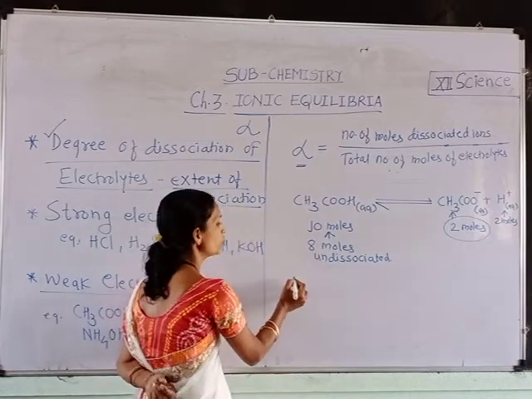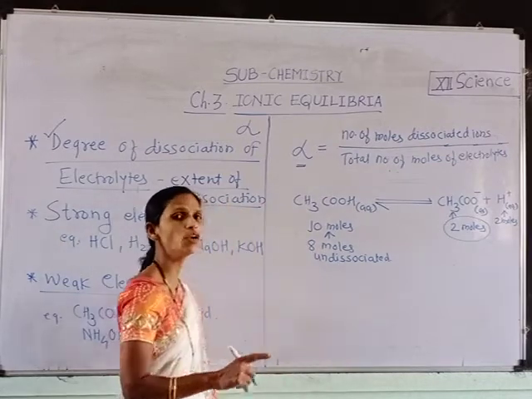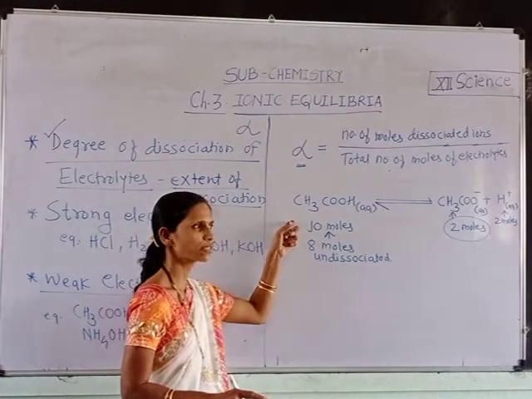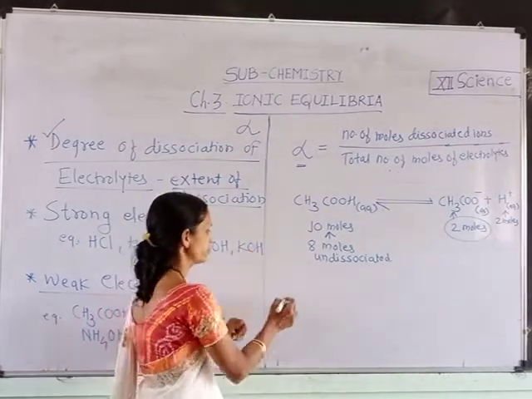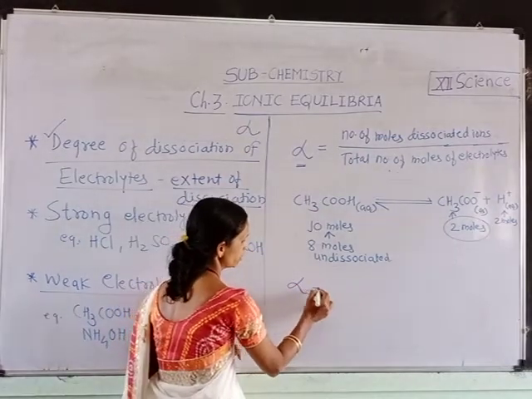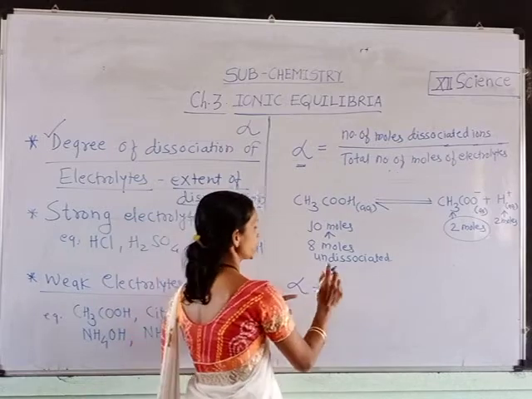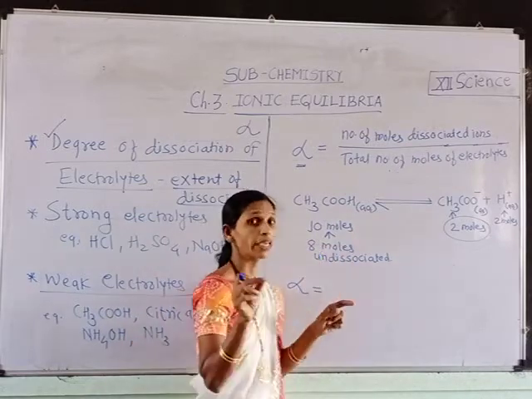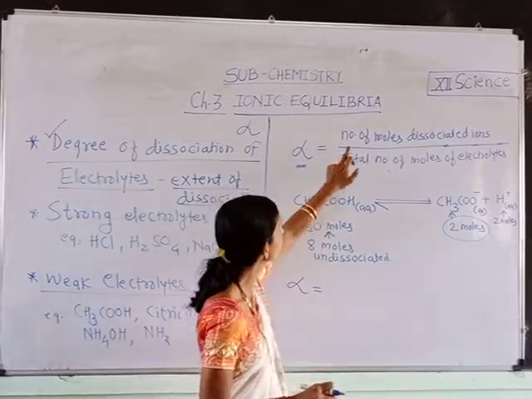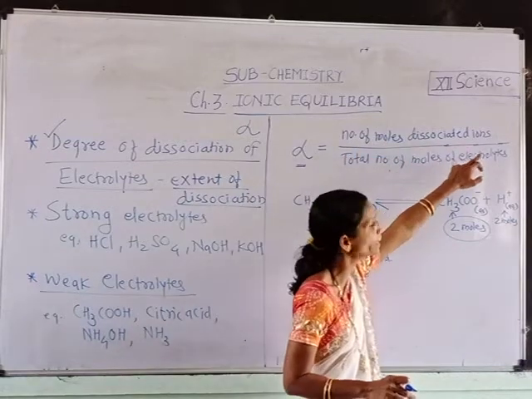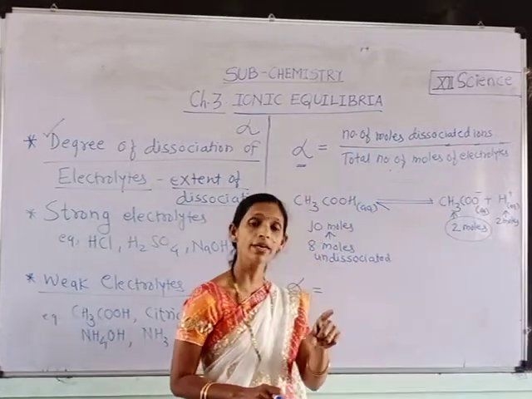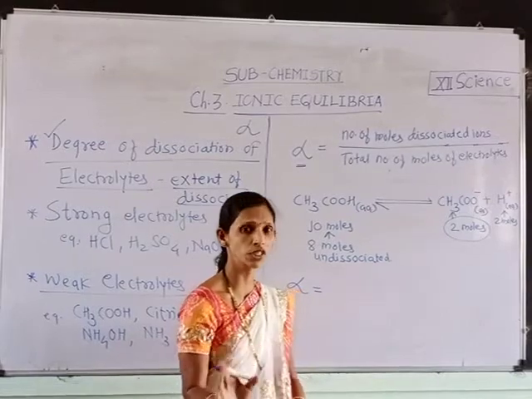Then we can calculate the degree of dissociation of this electrolyte. Alpha is calculated from the number of moles of dissociated ions only at the equilibrium stage.